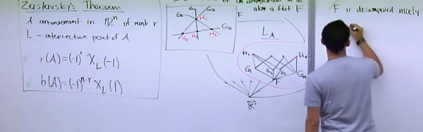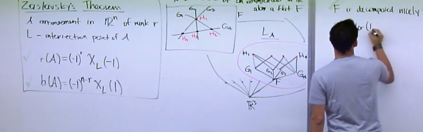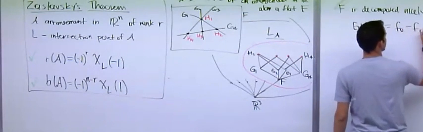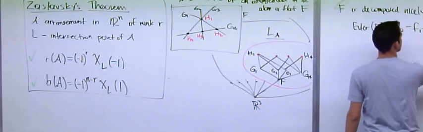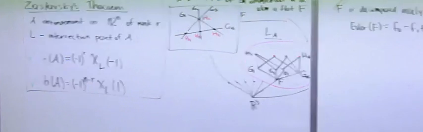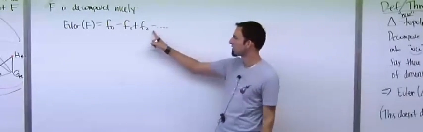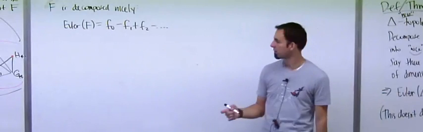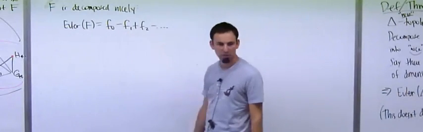And the Euler characteristic of F is just going to be the F0 minus F1 plus F2, so on, for this decomposition. Just plus F2 here, though. Now, in general, you have dot, dot, dot, but F is only two-dimensional, and so you only have zero-dimensional, one-dimensional, and two-dimensional slices.